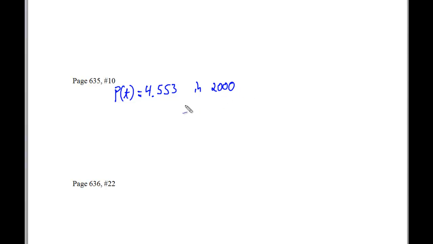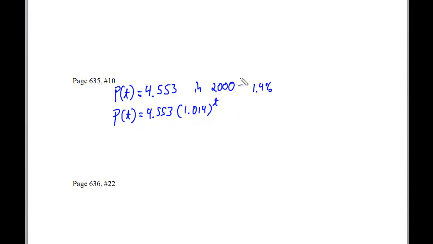And the growth rate is going to be 1.4%. So the equation, if I write the whole thing now, is going to be 4.553 billion people times 1.014 raised to the T power.